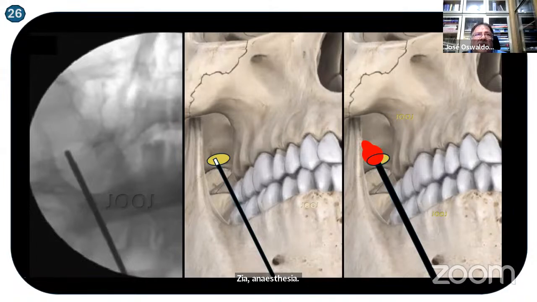On the left, identification of the foramen, puncture with the radiofrequency electrode in the middle, and with a cannula with the balloon on the right side.